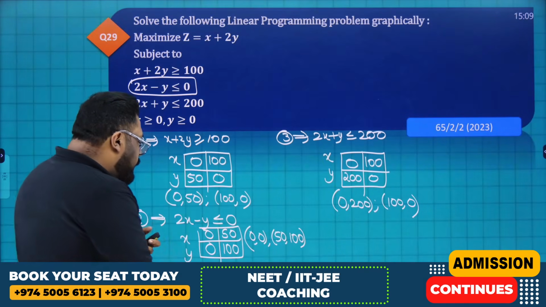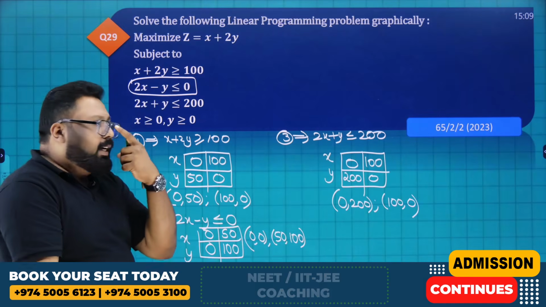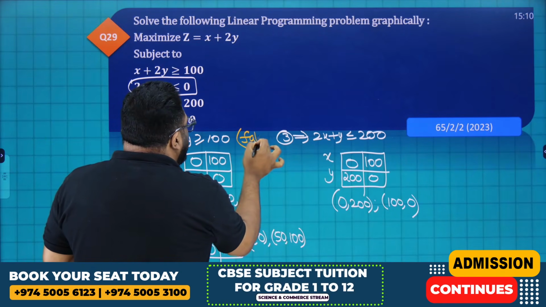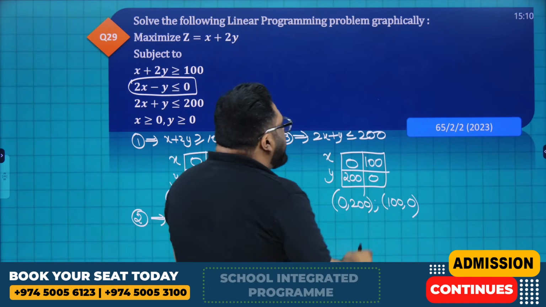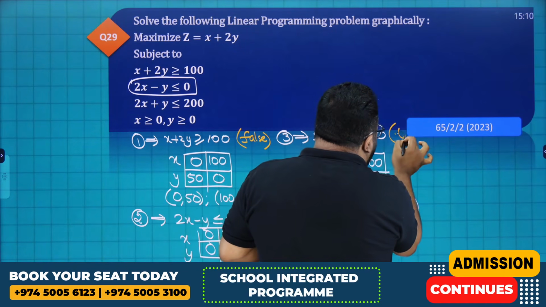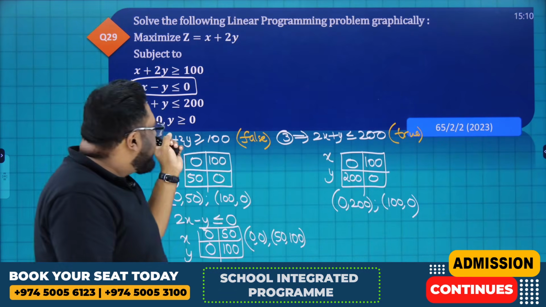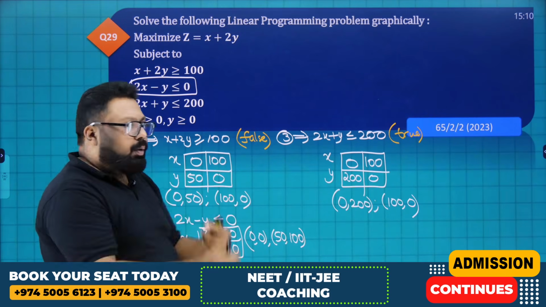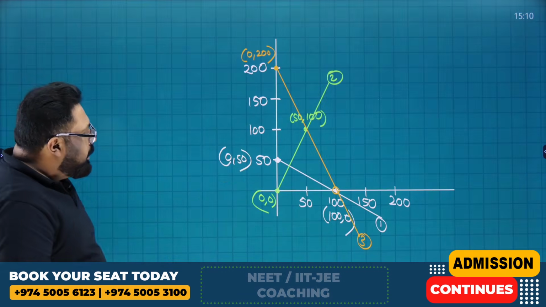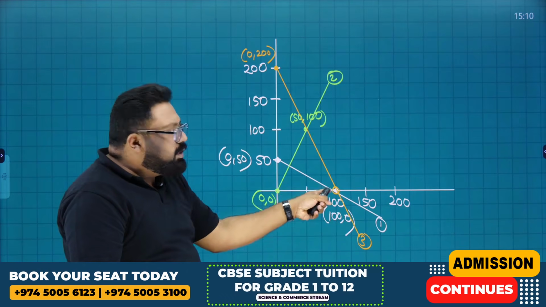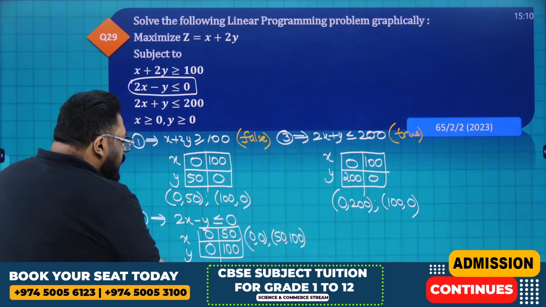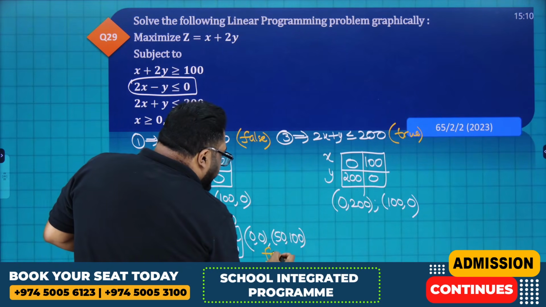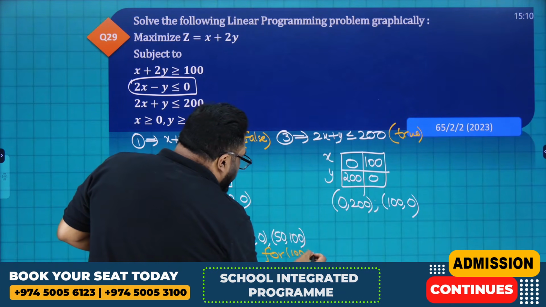Now let us check the origin. There is one line passing through origin. Yes, so we cannot use origin to test that. For this, origin is false. Equation number 1 says origin is false. Equation number 3 says origin is true. Now for the first line, you have to shade away from the origin. For the third line, you have to shade towards the origin. But for the second line, my dears, that is line number 2, 100, 0 is on one half plane. Yes, so I will test this with 100, 0.